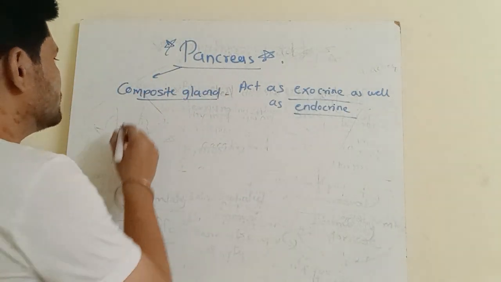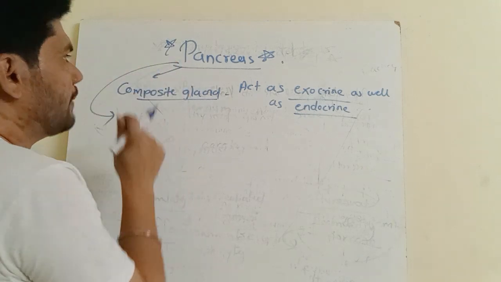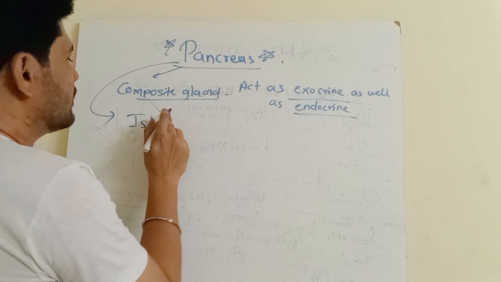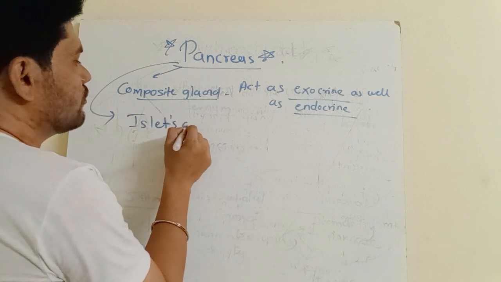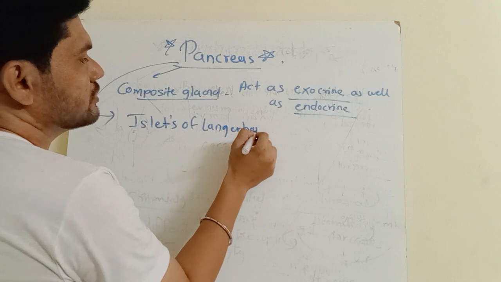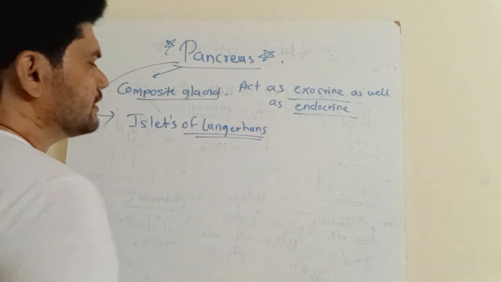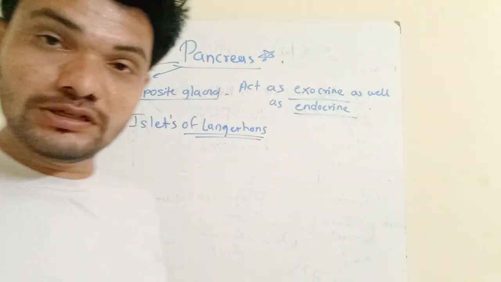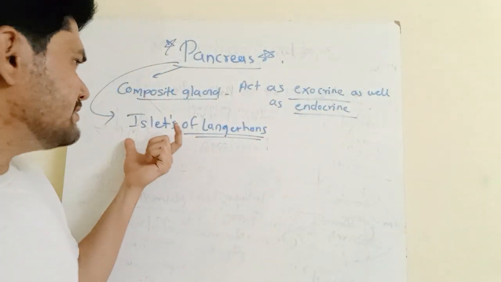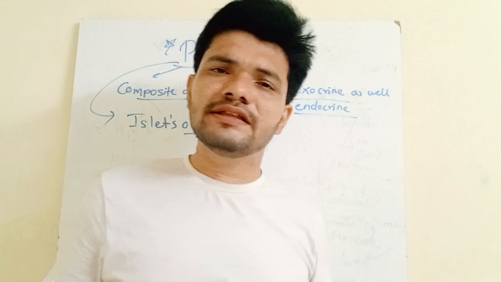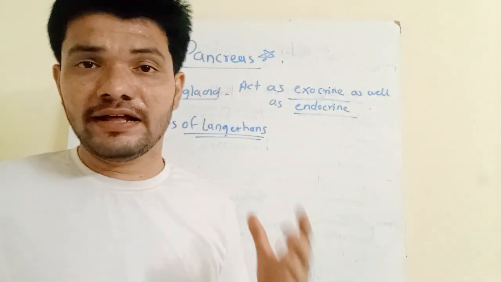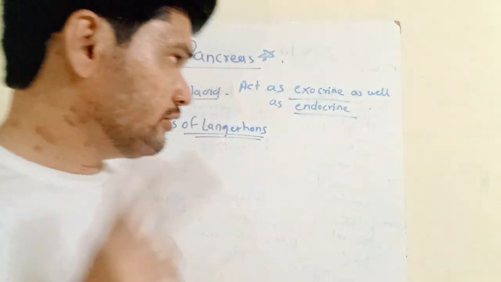If we talk about the tissues present in the pancreas, they are called the islets of Langerhans. This name is after the scientist who discovered this tissue. The islets of Langerhans are patches of tissue present in the pancreas, and they contain mainly two types of cells.